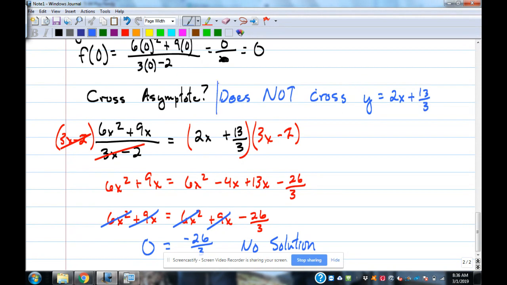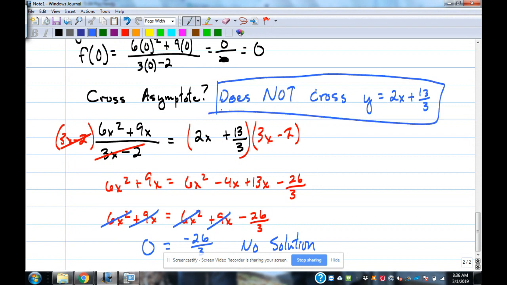So not incredibly hard stuff here. It is a process, and it does take some time. These problems are not short in most cases. It just takes some time. So the asymptotes, all those rules, things we went over yesterday: you will have vertical asymptotes unless the entire denominator cancels out.